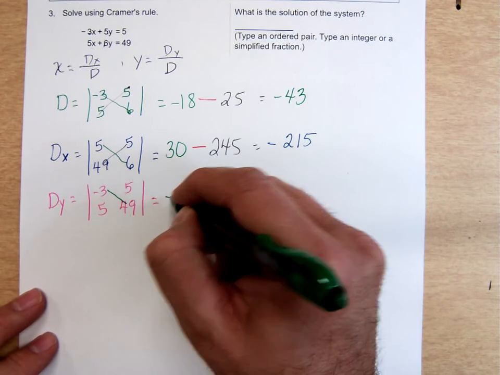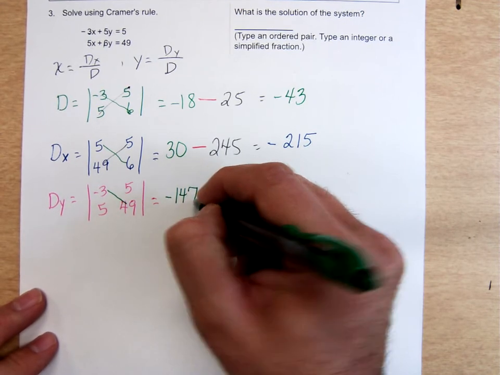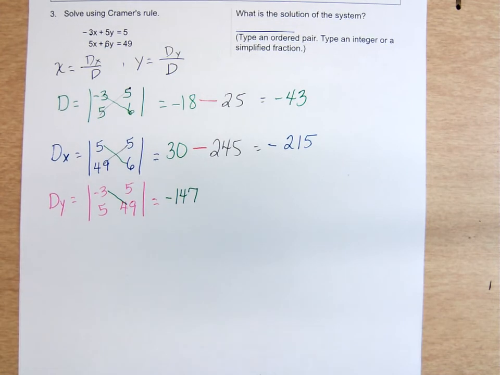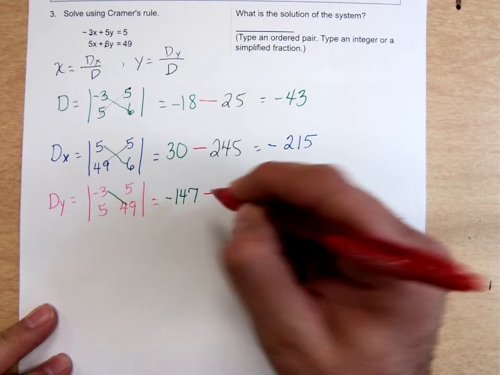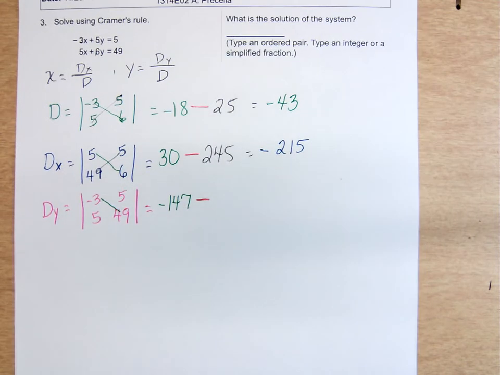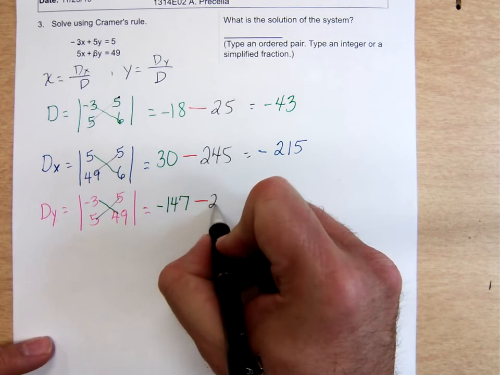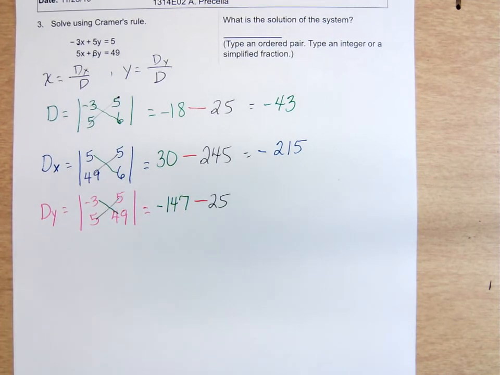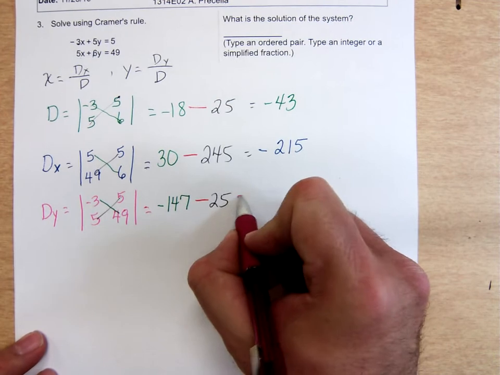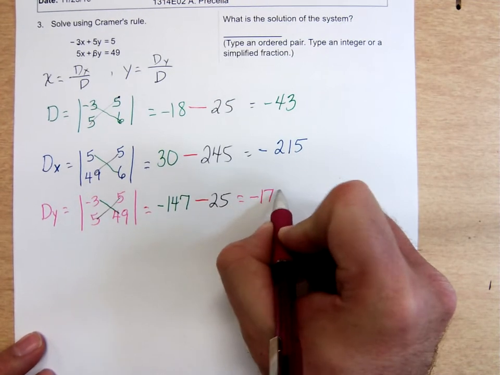That's a negative 147. Then a minus 5 times 5, which is 25. So what are we going to get there? Negative 147 minus 25. Is that a negative 172?